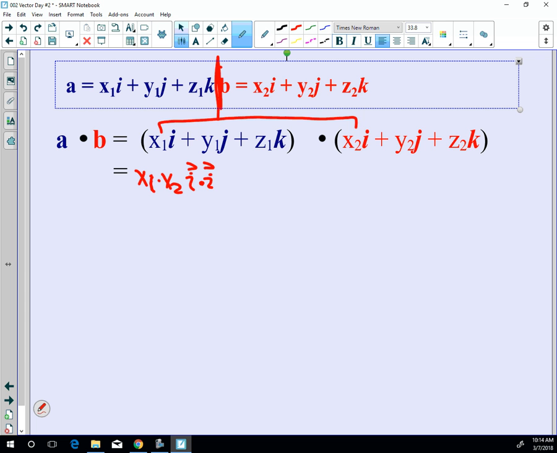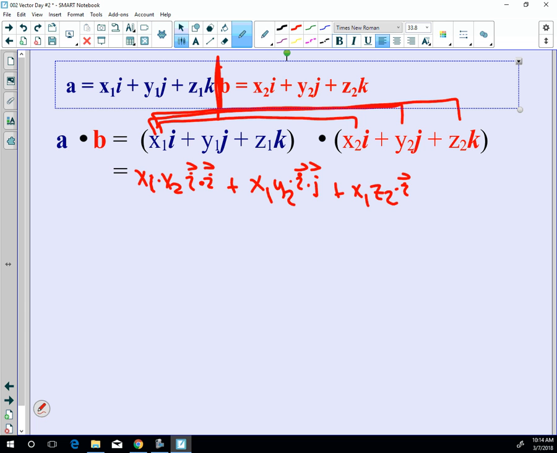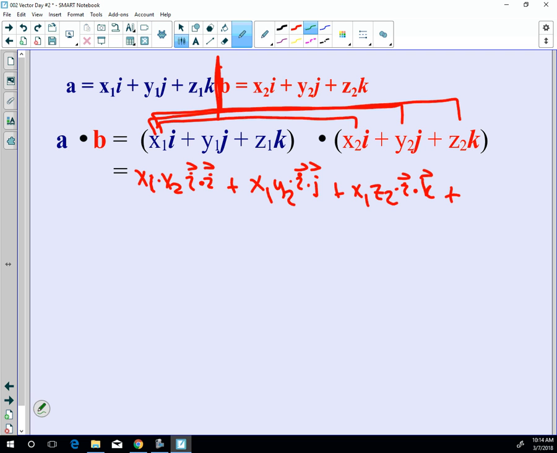Then I take this one times these two, which will be x1 times y2 times i dot j. You see what I'm getting at? And then these two are going to be x1 z2 i dot k. That's that row.